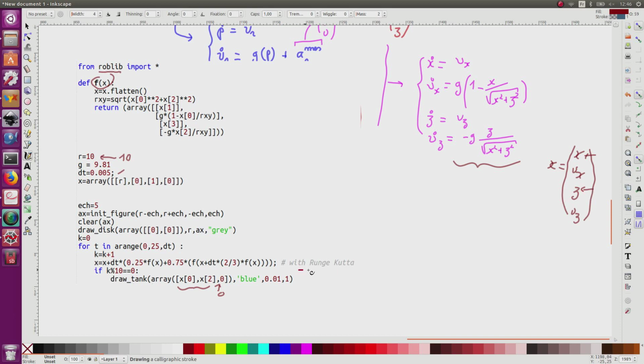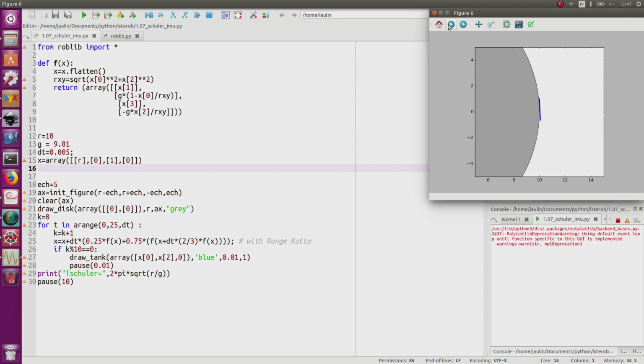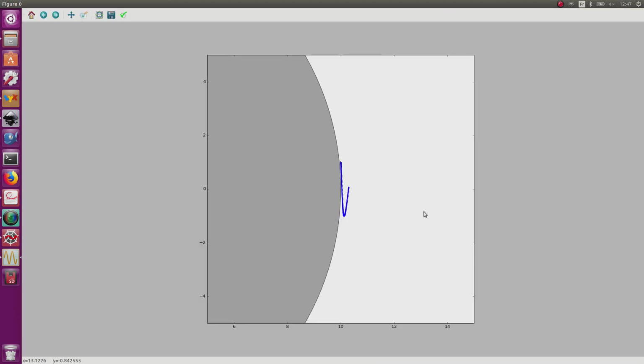We use a Runge-Kutta method for the integration inside the loop. So if we do this, I start Python, I run it, and we can see here the corresponding trajectory with some oscillations that are not so easy to understand.